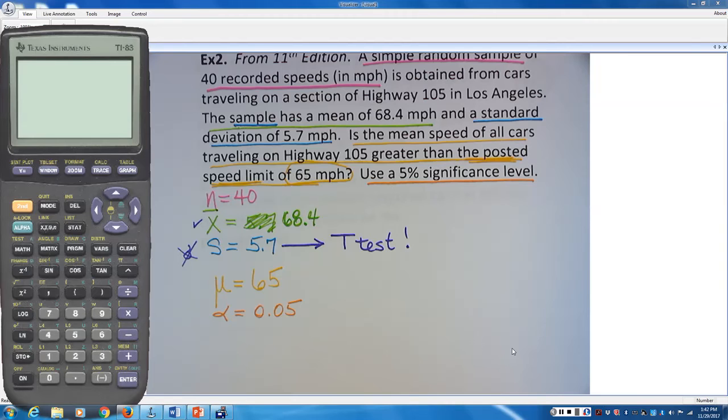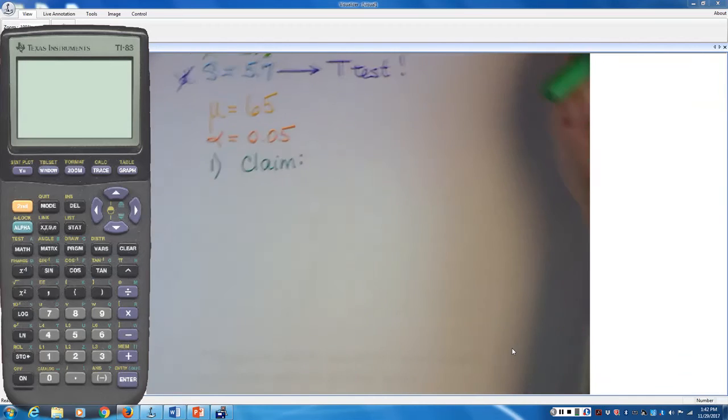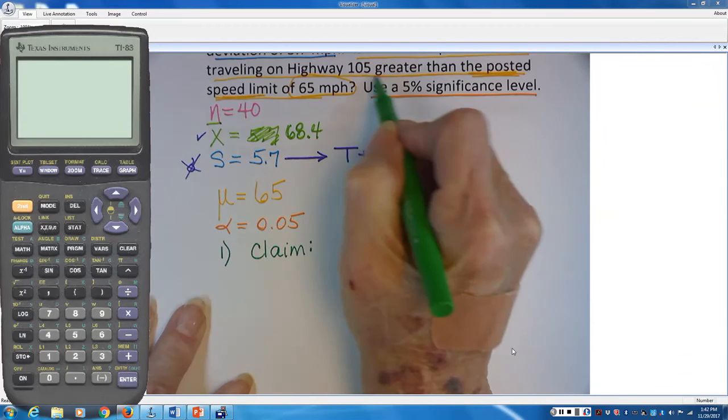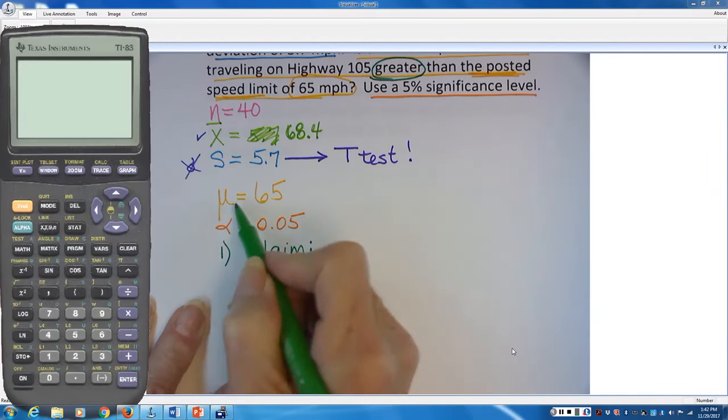Now, we have not yet started the hypothesis test. We were gathering information. Okay? We're just gathering the information. Now that we've gathered it, step one. Tell me the claim. That's right. This tells me the greater than because it always goes with mu.